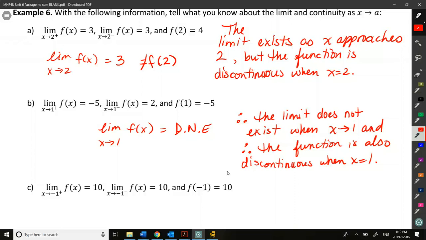Okay, and I should probably note a, b, and c are different f at x's, different functions that we're talking about. Or I guess it could be the same function technically, but.